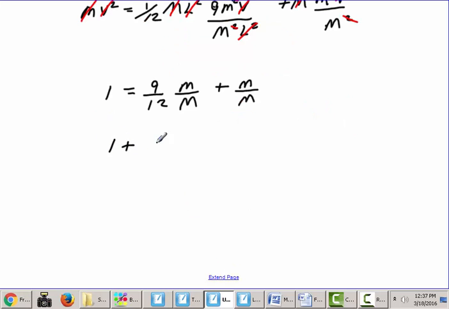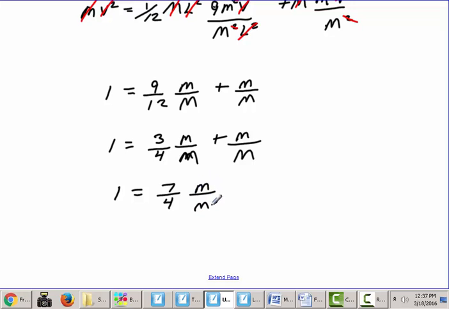So 1 equals 3/4 little m plus big M plus little m over big M, and 3/4 plus 1/4 gives me 7/4. So 1 is equal to 7/4 little m over big M. Multiply both sides by 4/7, and we get 4 over 7 is equal to little m over big M.